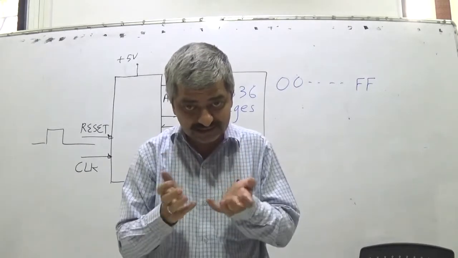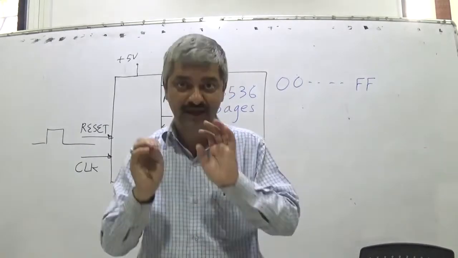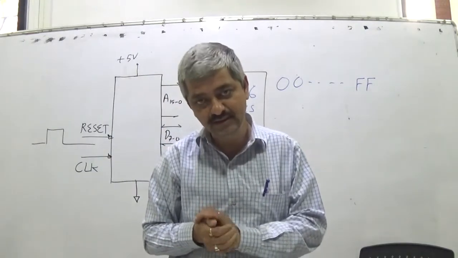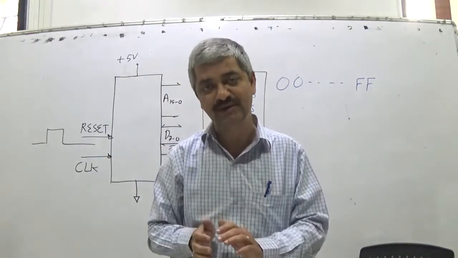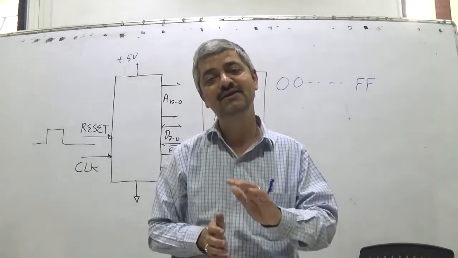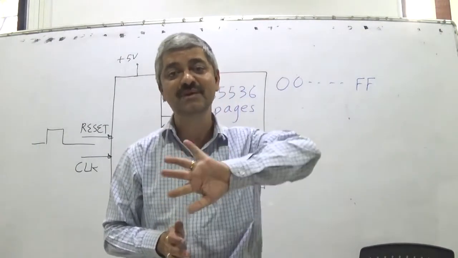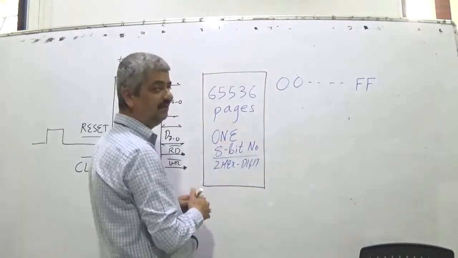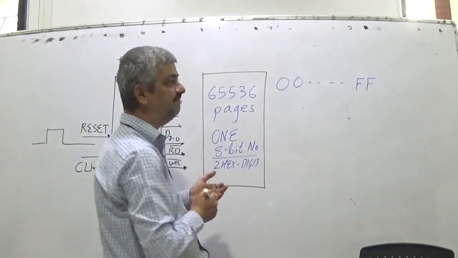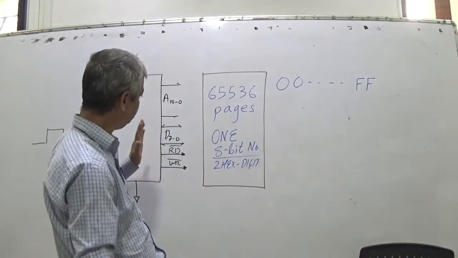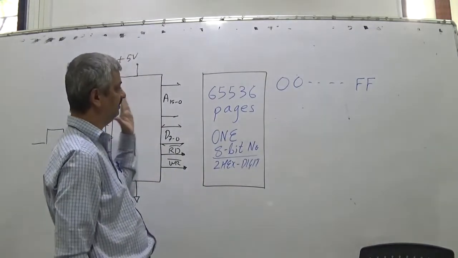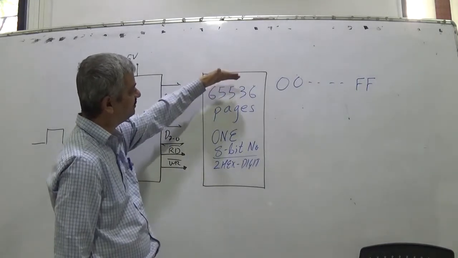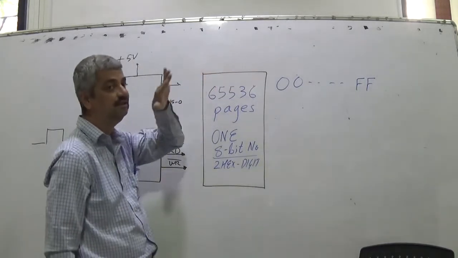Now, what is a microcontroller? For that purpose we need to have some external ports and some memory locations. The memory contains 65,536 locations.